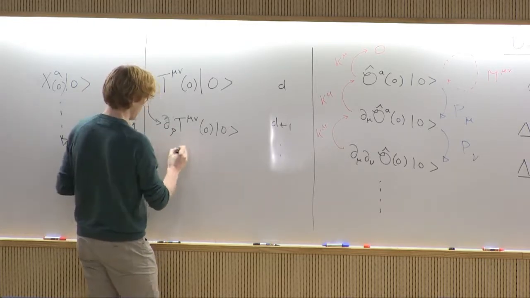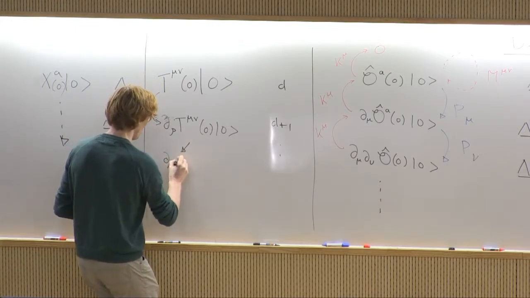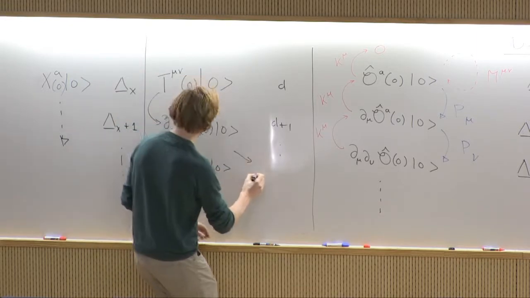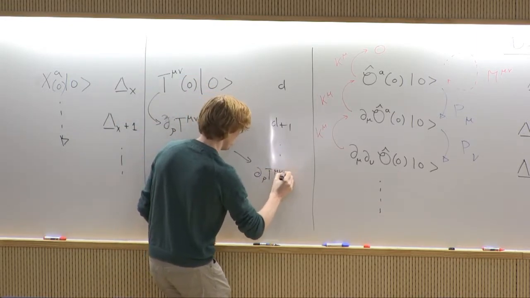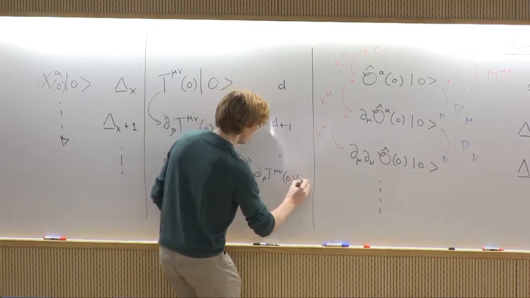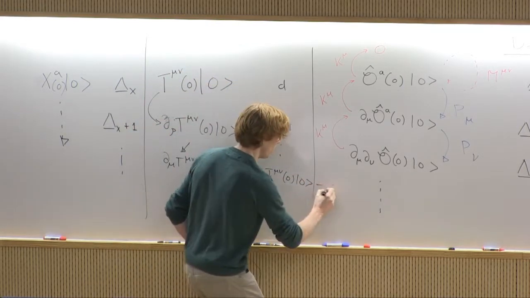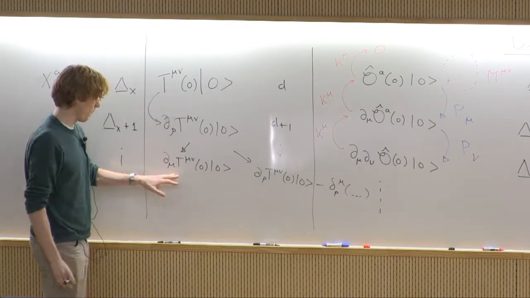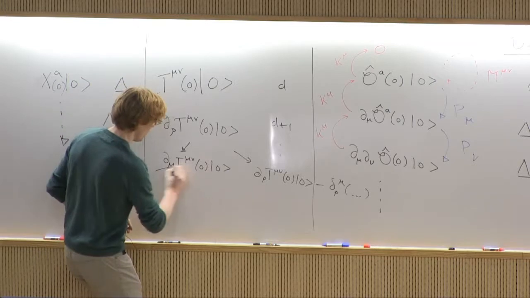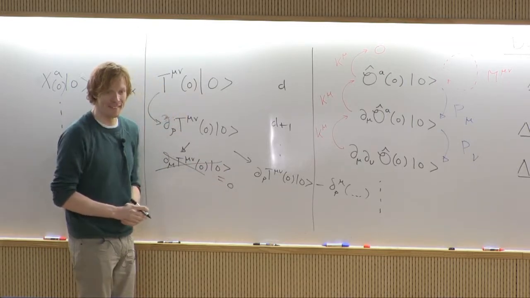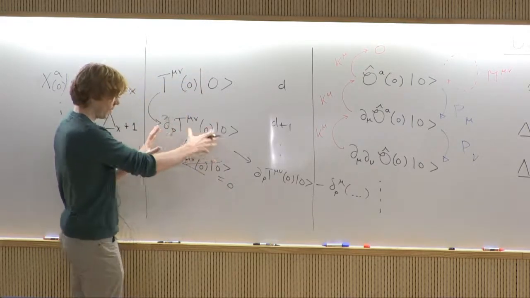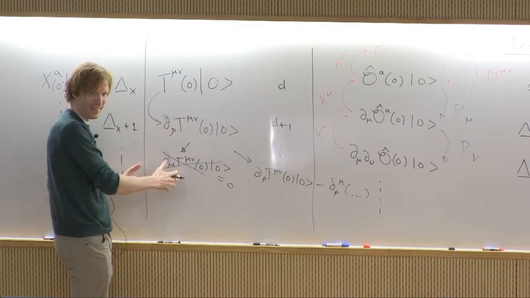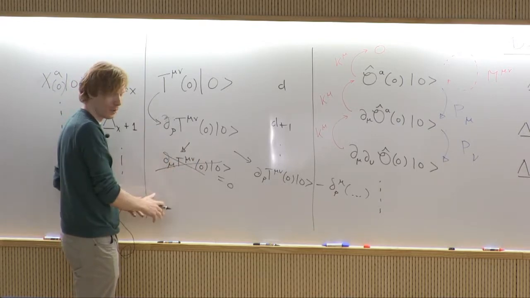So representation theory-wise, this splits into this and d_rho T_{mu nu}(0), up to symmetrization, minus delta_{rho mu}, and so on. This piece is not there, it's equal to 0. So this whole tower has a 0 state, and if I act with P_mu's on it, I get another 0.